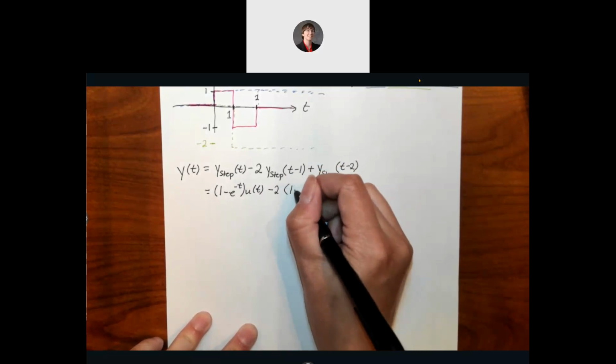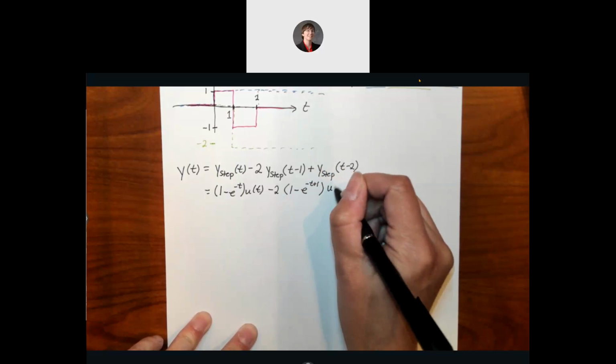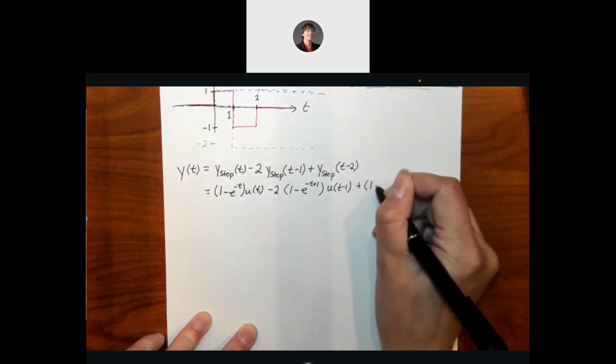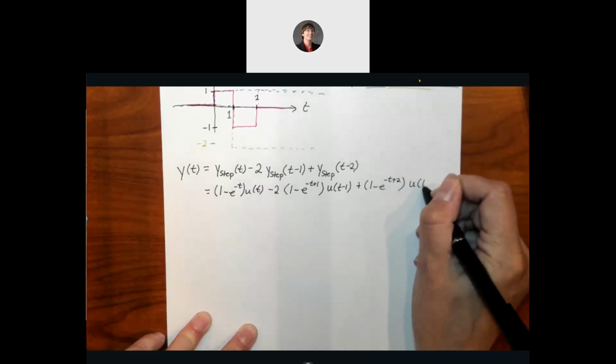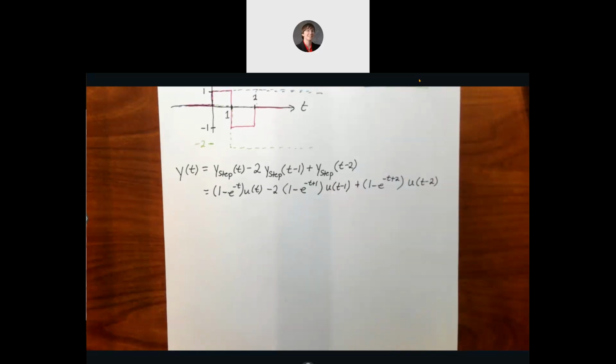So we have (1 minus e to the minus (t plus 1)) u of t minus 1, plus (1 minus e to the minus (t plus 2)) u of t minus 2. Right? So no additional solving of the ODE is necessary. We did it once, and then we can use the properties of our system to avoid having to do that solution again.